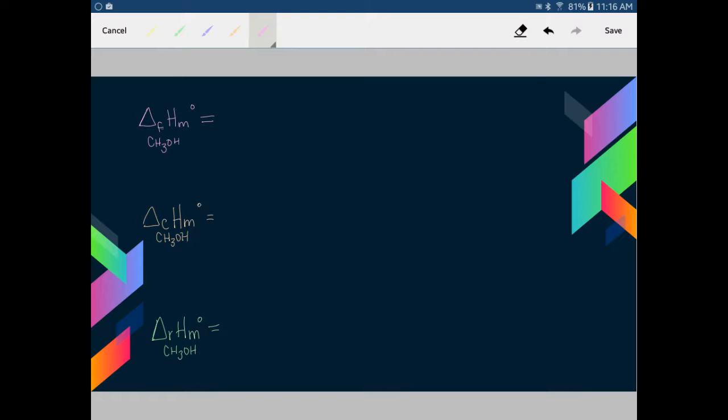Now, a formation reaction is a reaction where we have the creation of a compound from its constituent elements. So our reaction would be carbon, because we have carbon in methanol, plus hydrogen gas, plus oxygen gas, gives us methanol.